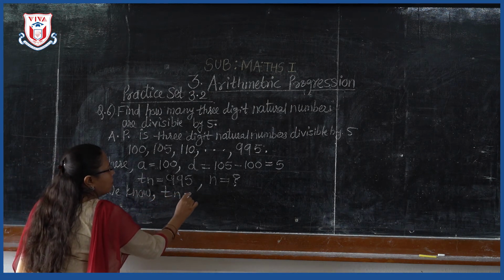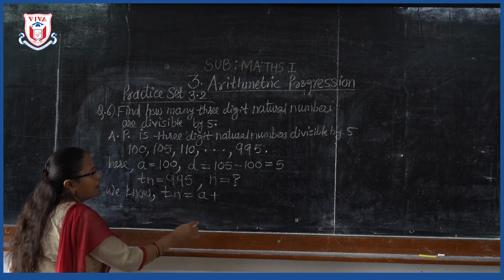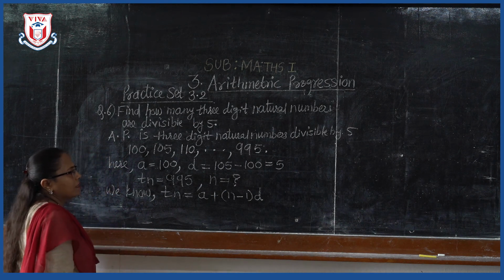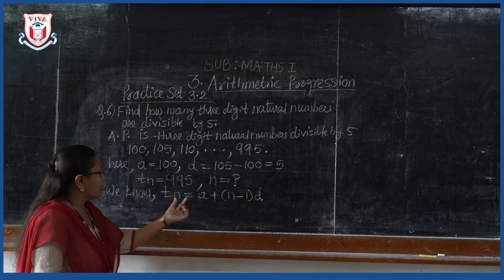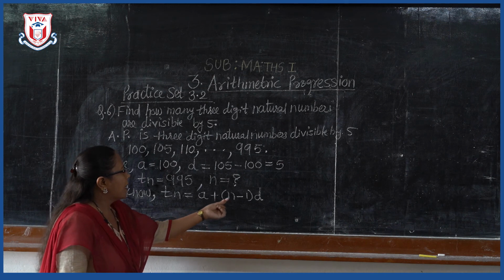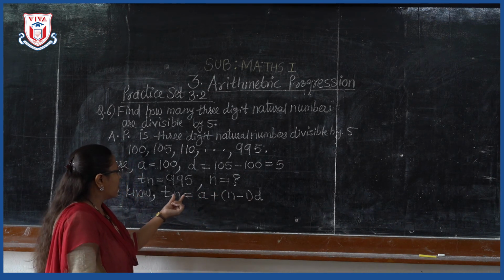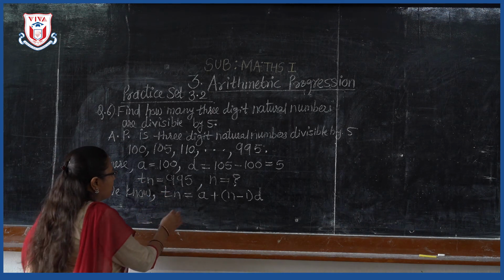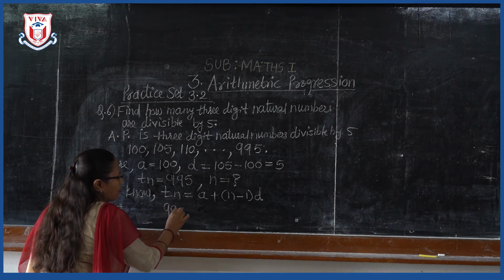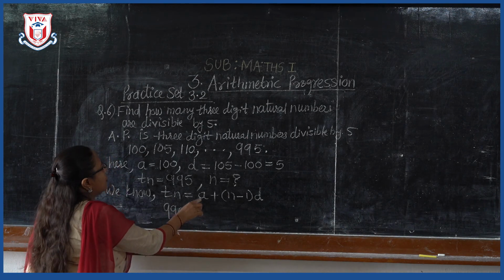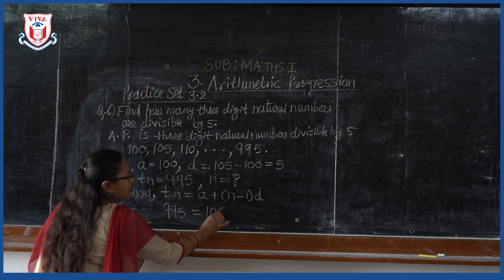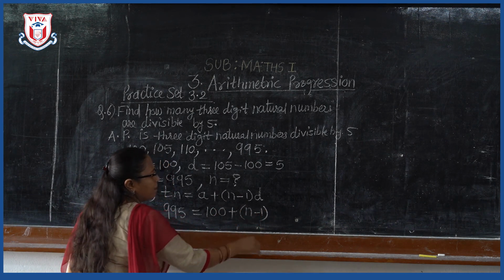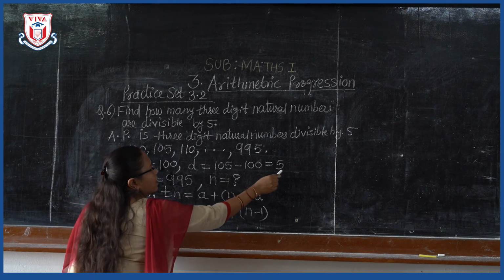Tn is equal to a plus bracket n minus 1 into d. Now substitute values. Tn, this last term, is 995. A is equal to 100. N we don't know, so n minus 1 we will keep as it is, and d is equal to 5.